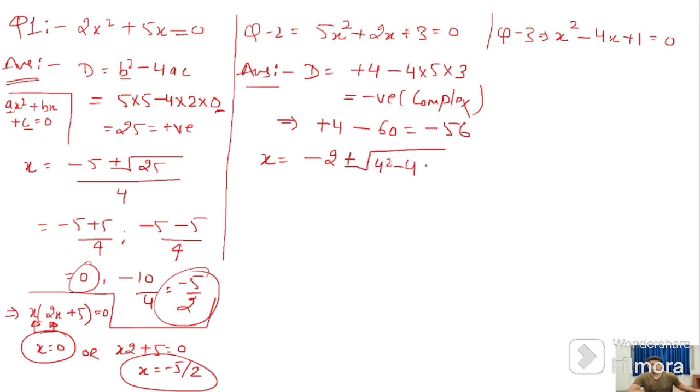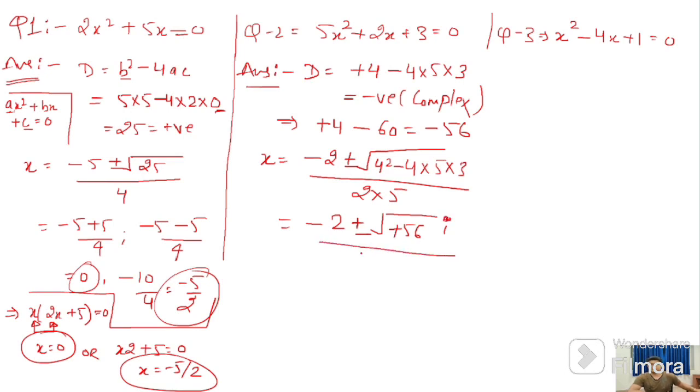minus 4 into a into c divided by 2 into a, which is given by minus 2 plus minus root of minus 56, divided by 10. So the minus can be taken out by writing iota, where iota is the representation of the complex part. Do we have a perfect square root of 56?